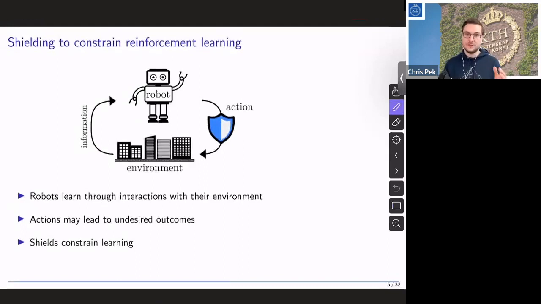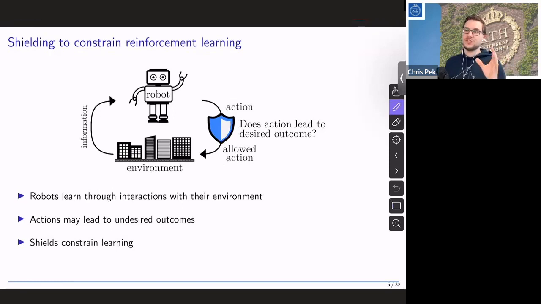If the robot chooses an action, the shield is checking, does the action lead to an undesired outcome? If it leads to a desired outcome, you can execute it in the environment. If it leads to an undesired outcome, we change the action to an allowed action so that the robot only executes desired actions with desired outcomes.